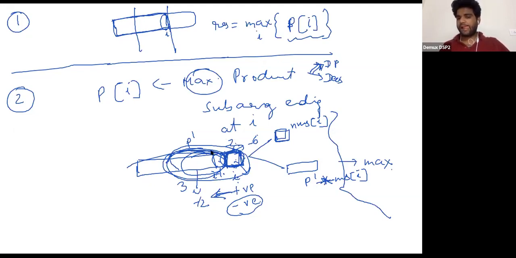So from here I am concluding: what if I take the minimum product subarray ending at I minus 1? Whatever is the smallest product subarray ending at I minus 1, if I multiply that by this, then I will get the maximum product subarray ending at I of length greater than 1 for negative.